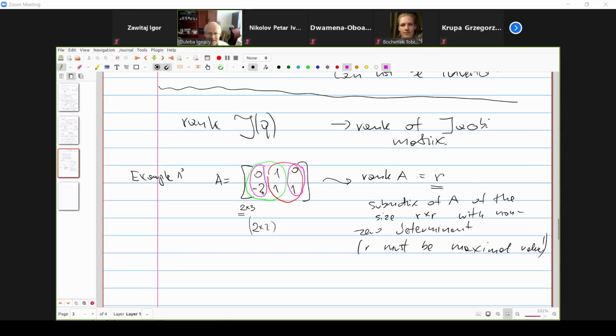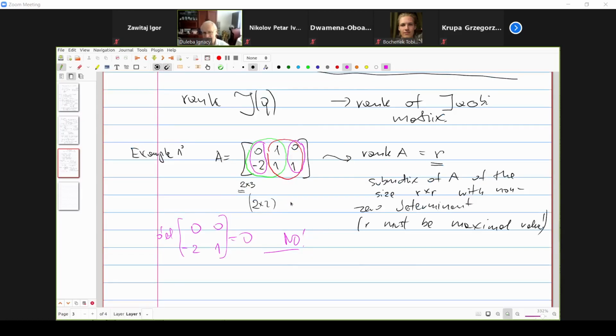So let's take, for example, this matrix 0, -2, 0, 1. The determinant of this, as you can see, is 0. So no, but I have more choices. If this test fails, I need to check other possibilities.